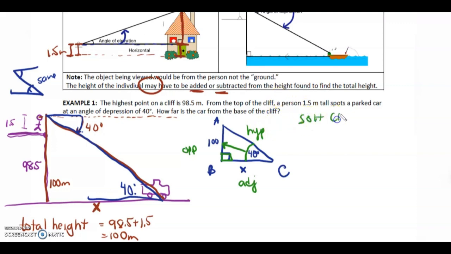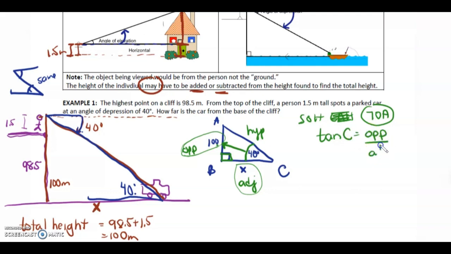So when we take a look at SOHCAHTOA, we have the opposite, so we can't use cos because we need opposite in there. And then we need the adjacent. So TOA. So tan of C is going to give us opposite over adjacent.